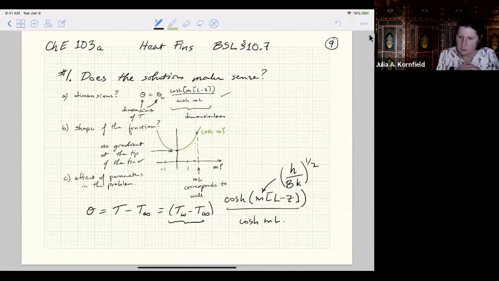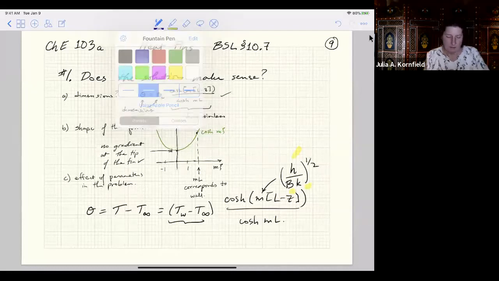So that seems reasonable. Then imagine if we held L fixed. What would be the effect of varying h, b, and k? So let's think that through.